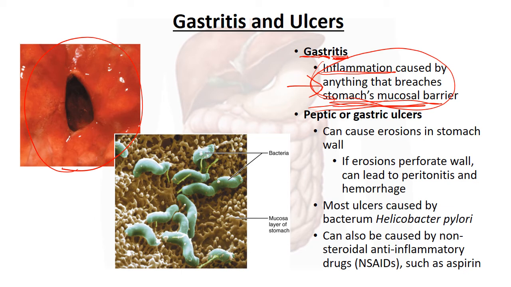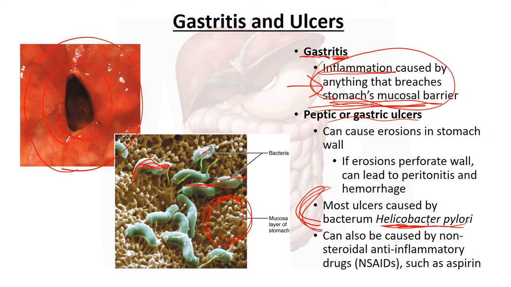Now, many times we have found that these ulcers are caused by a bacteria called H. pylori. These little greenish bluish structures here are actually bacteria that's in our stomach. It's actually on top of our mucosal barrier in the stomach. And what happens is when we have this bacteria, it manages to somehow bypass that mucosal layer and it causes an ulcer.